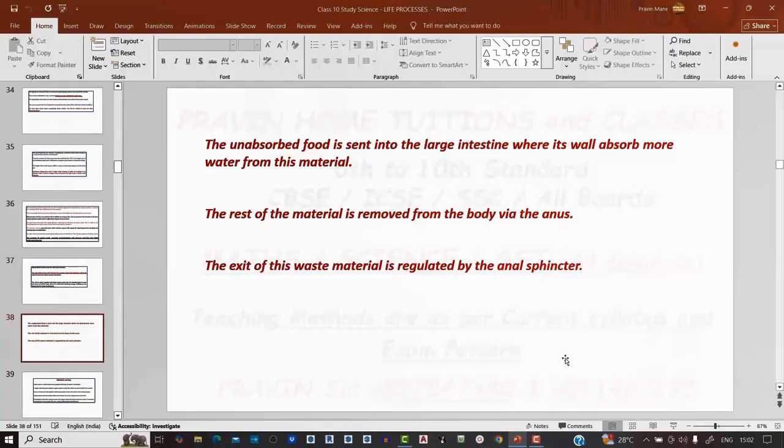The exit of this waste is regulated by the anal sphincter.